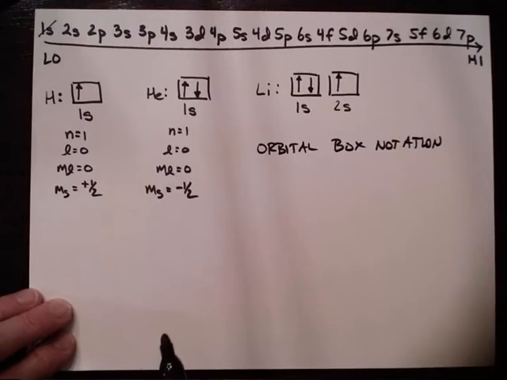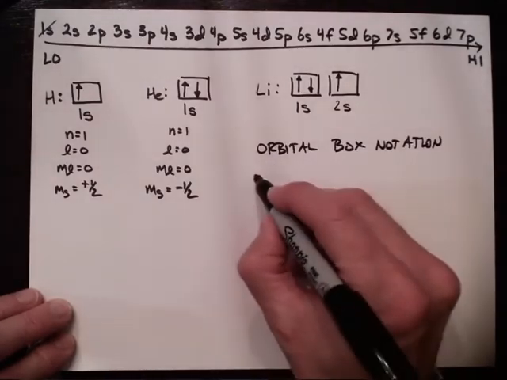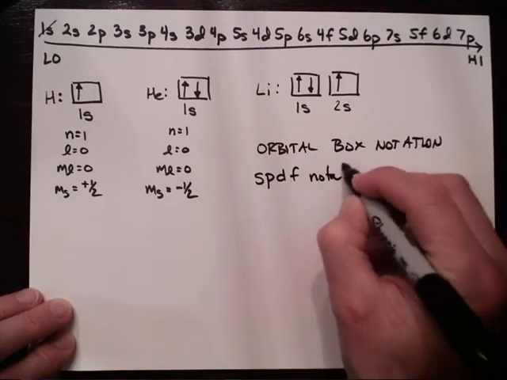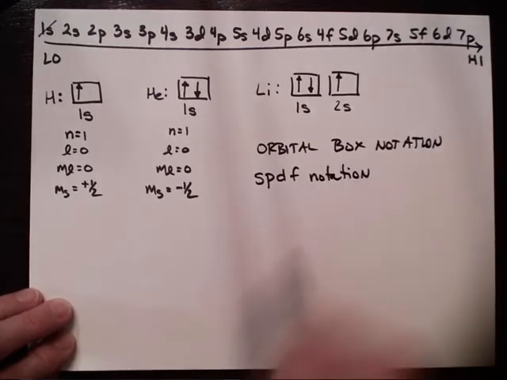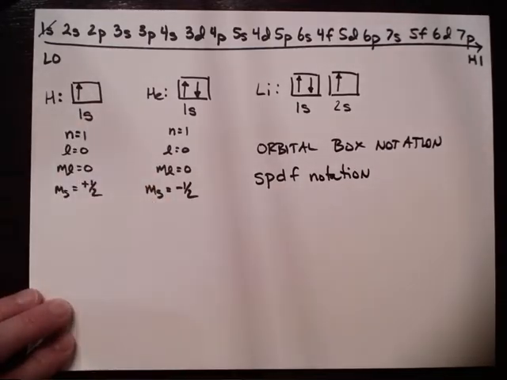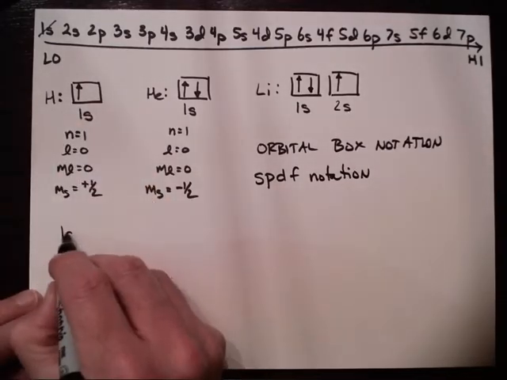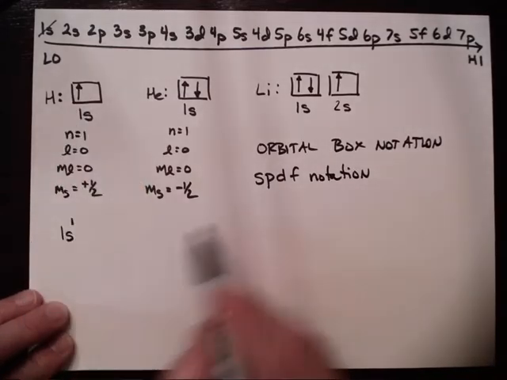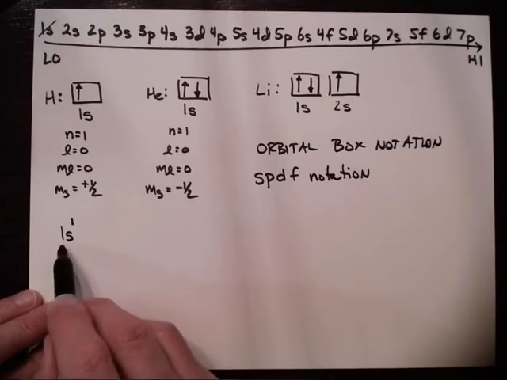There's another type of notation that's sometimes used. It's called spdf notation. And when doing this, for this particular electron configuration, we'd write 1s, and there's 1 electron in the 1s for hydrogen. So this would be the spdf notation for the electronic configuration of hydrogen.